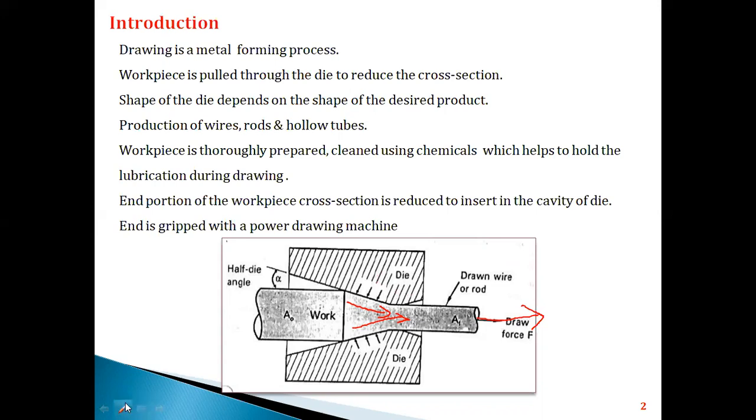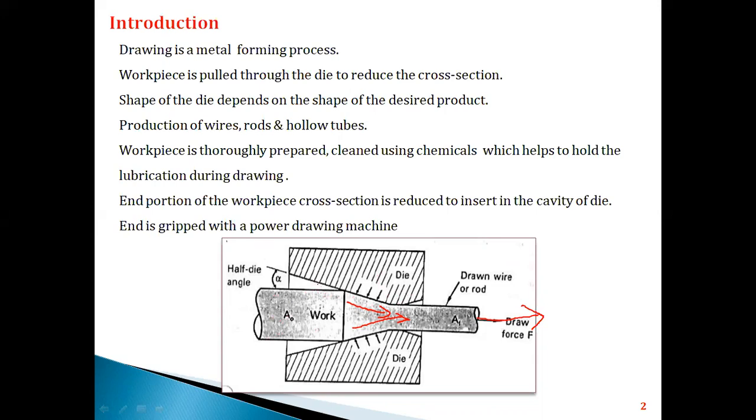Generally when we carry out the operation, the workpiece is initially thoroughly cleaned, prepared, and washed with various chemicals, so that the work surface can hold the lubrication very necessary for this process.